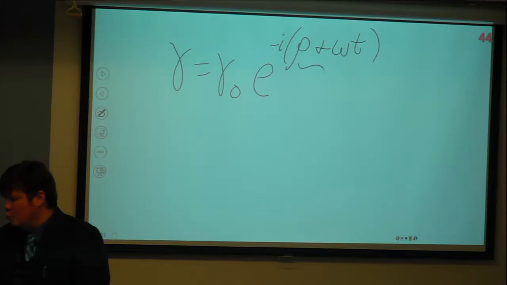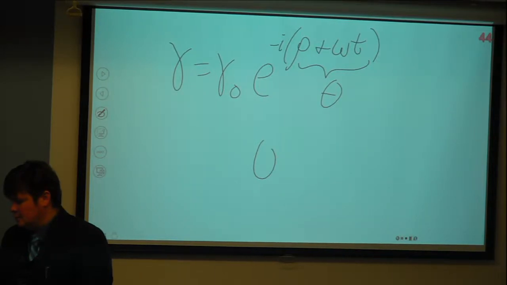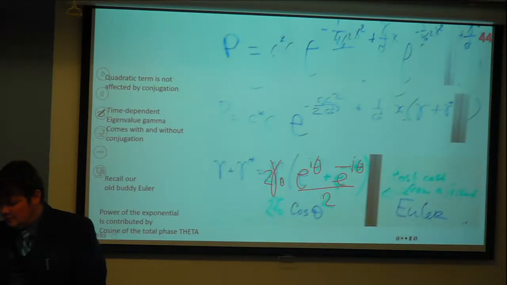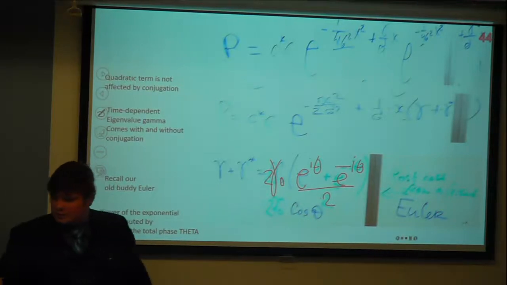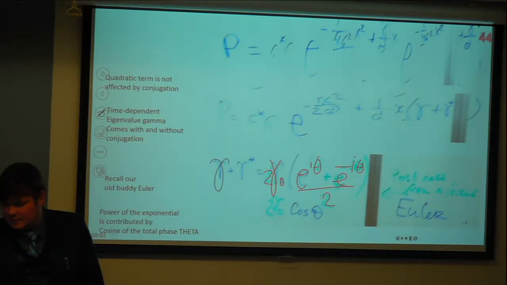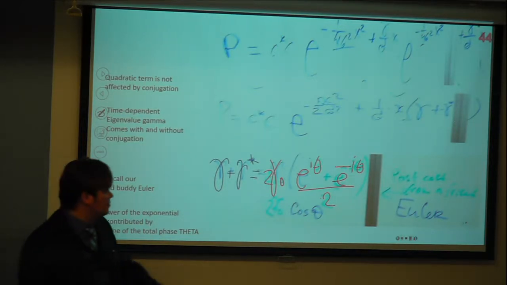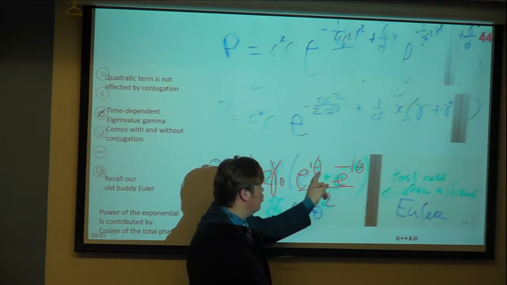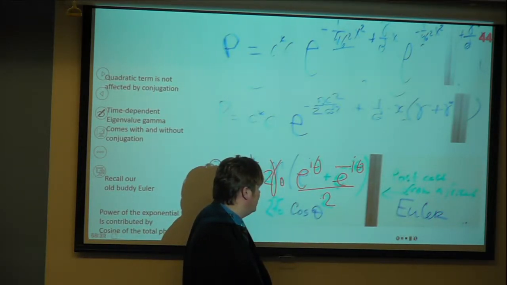Just to quickly write this derivation, we can redefine everything in the power of this exponential, except the imaginary unit, as letter theta. And then adding together this amplitude gamma and gamma star will be adding together 2 imaginary exponentials with opposite powers.